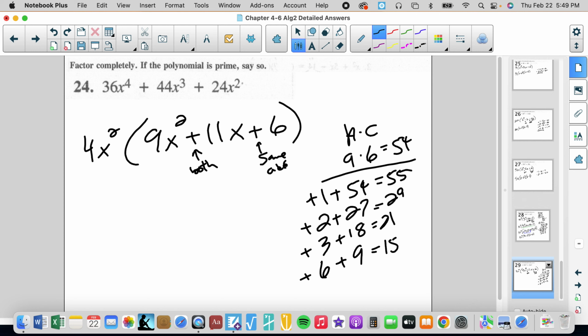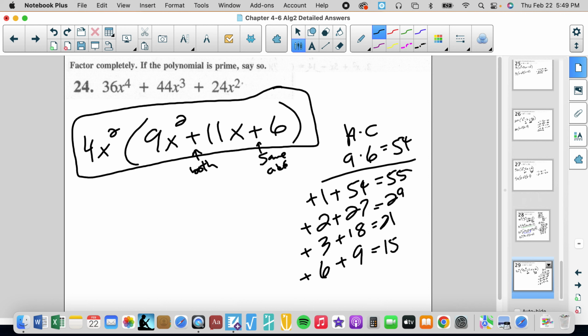Let's make sure I did it right. 9 times 6 is 54. We're going to add to get 11. And we notice that that's as far as we can go. So we could factor. We wouldn't call it prime because we were able to factor something out. But that would be our answer.